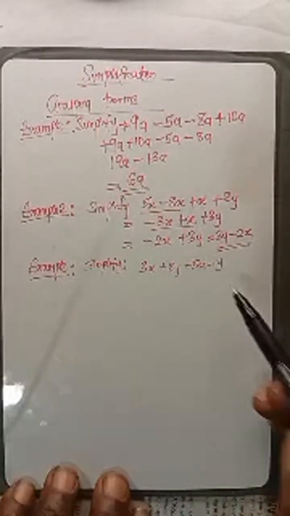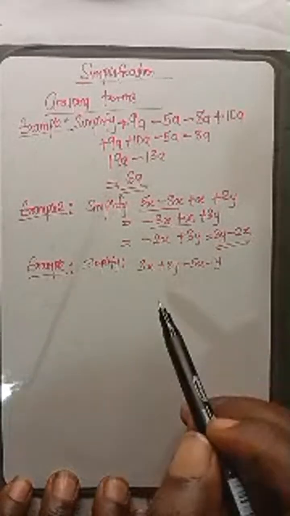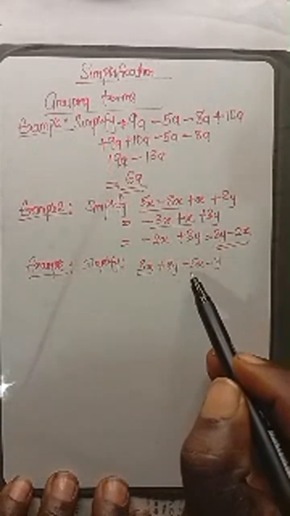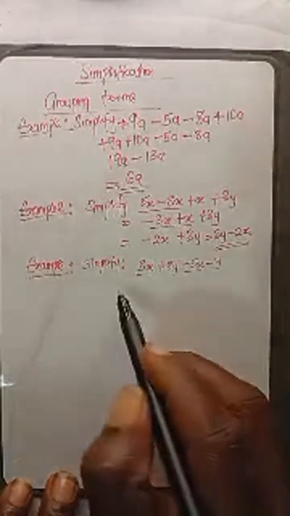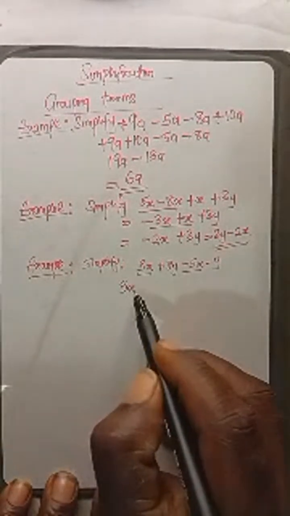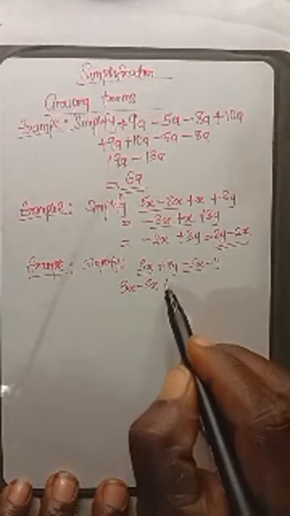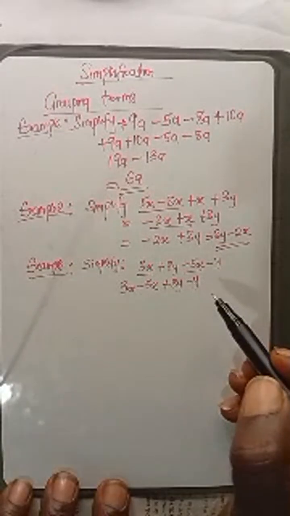In this example, you must group it to get the accurate answer. And what is the grouping? You see that this is 3x minus 5x. So you group it together to have 3x minus 5x plus 8y minus y.